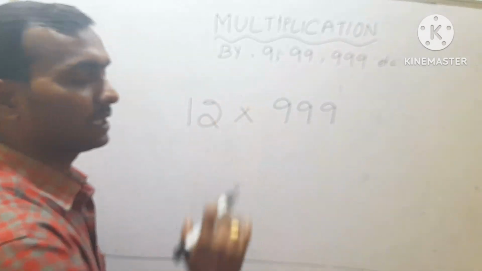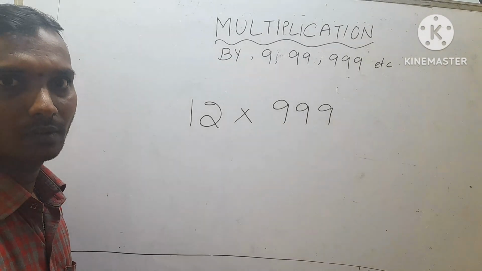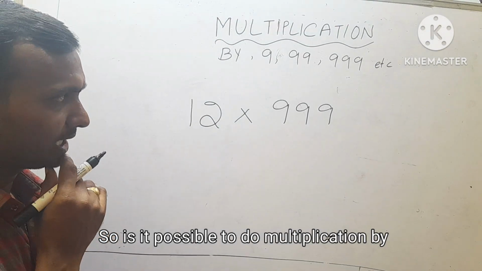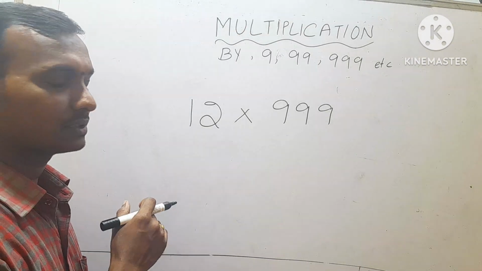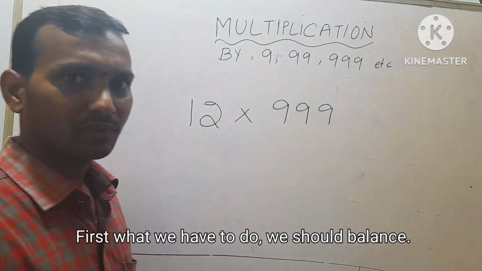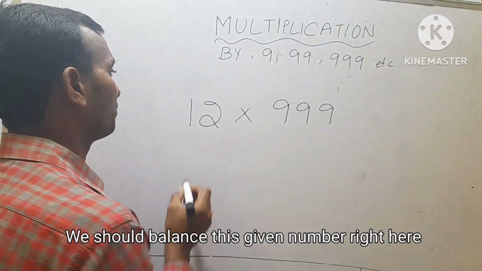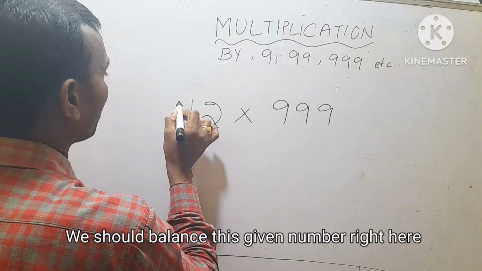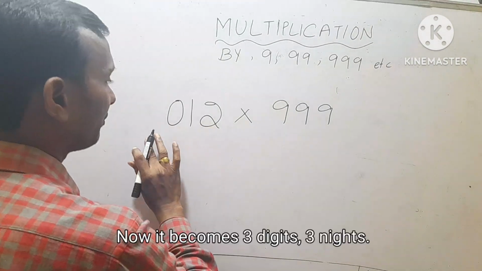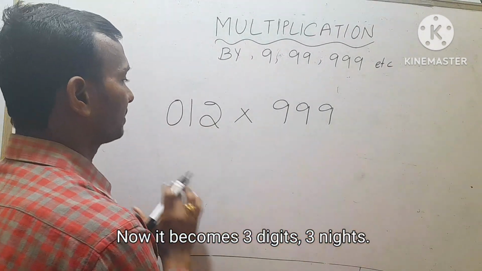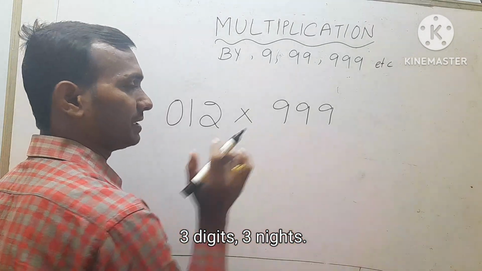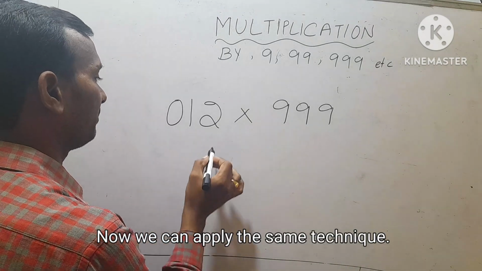Here 3 9s are there. So is it possible to do multiplication by using this trick? Yes, it is possible. First, what we have to do, we should balance this given number. Put a 0 on the left. Now it becomes 3 digits, 3 9s. Now we can apply the same technique.